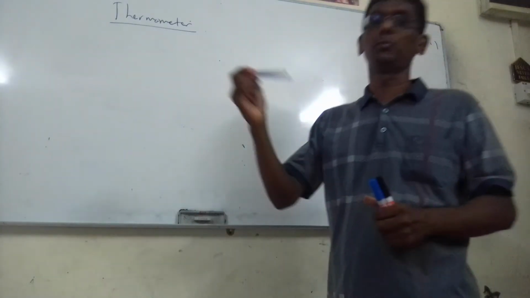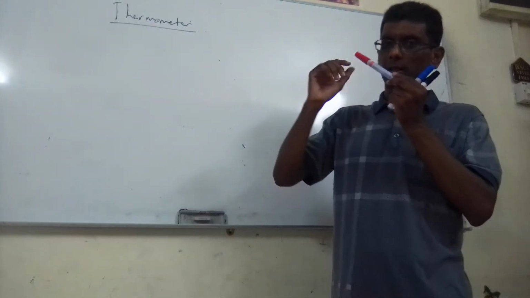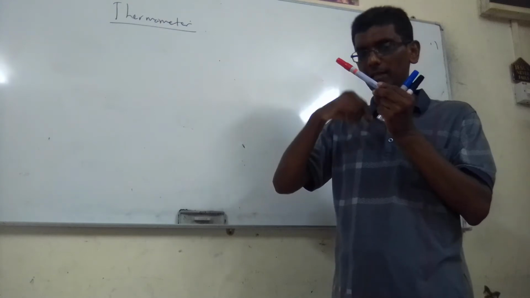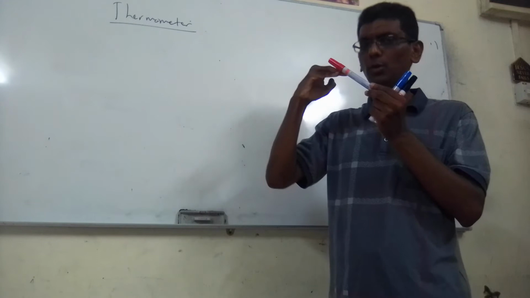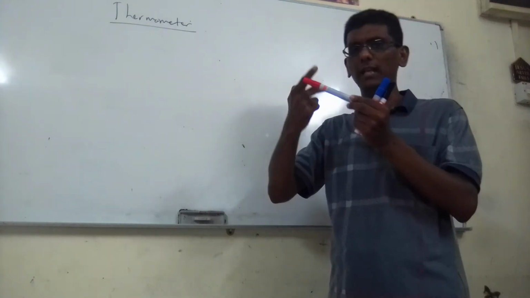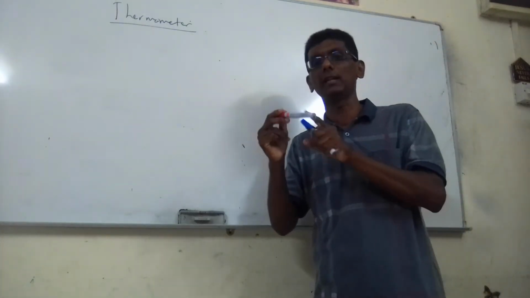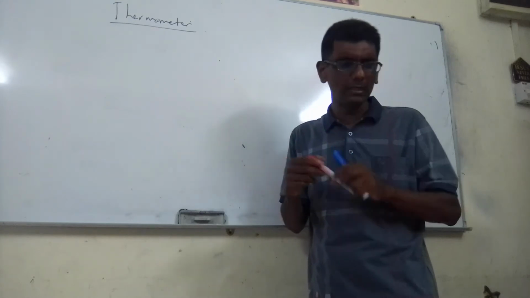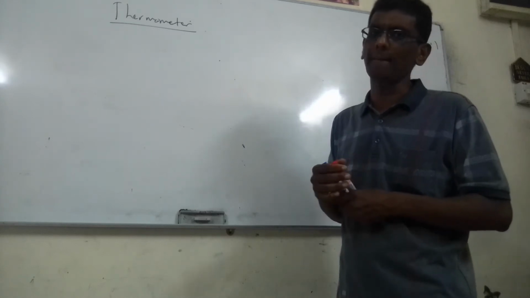For example, you put a thermometer into the mouth, and the temperature of the thermometer will rise until it reaches the same as the body temperature, and then it will stay. So the thermometer and the body achieve thermal equilibrium. Then we read the temperature from the thermometer.